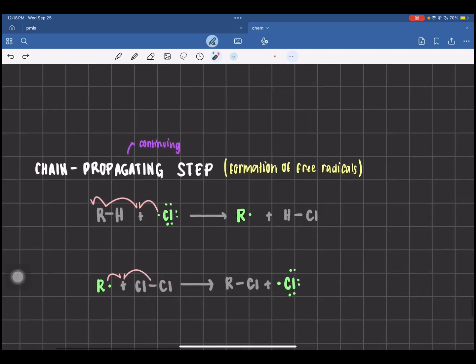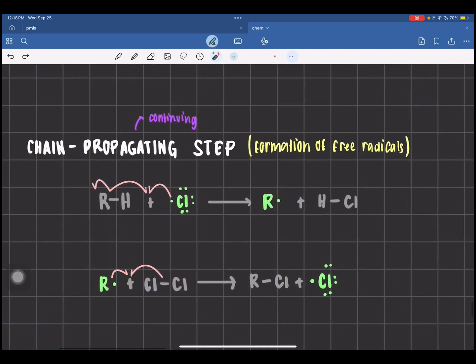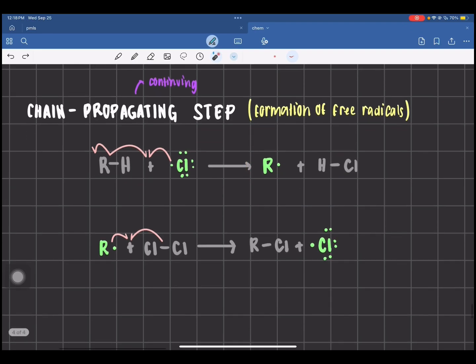And then sa chain propagating step, yung unpaired electron na yon, yung atom na to reacts with an alkyl halide to form an alkyl radical and hydrogen chloride, or kung ano man yung ginamit mong halogen. So another free radical is formed. That goes here. Then, after they react, nagkakaroon tayo ng free radical again and an alkyl halide.